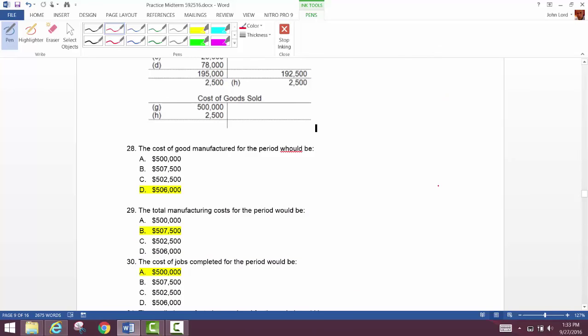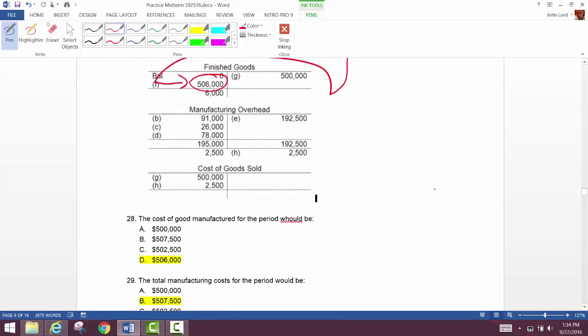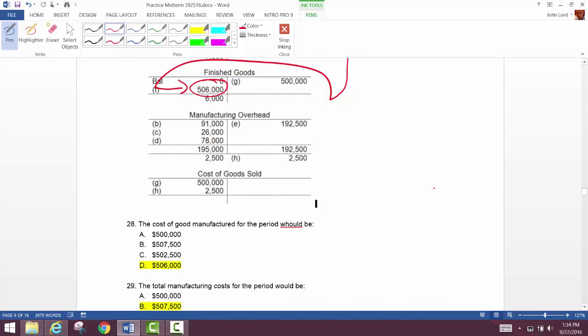How about the cost of jobs completed for the period? Well, if something's completed, it's going to come out of finished goods, isn't it? And go into cost of goods sold.